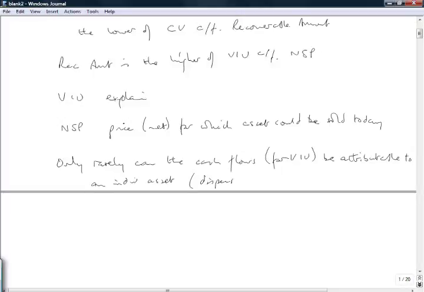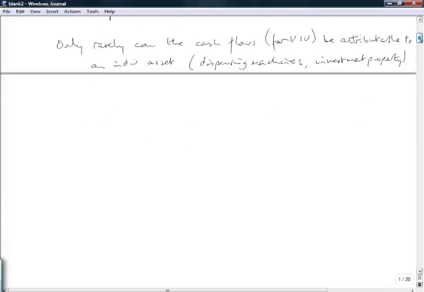Dispensing machines, a coffee machine or a sweet machine, are examples. The only other one I've ever thought of is investment property. These are individual properties which will generate cash flows of their own without reference to any other asset or group of assets. So it's only rarely that this can happen.